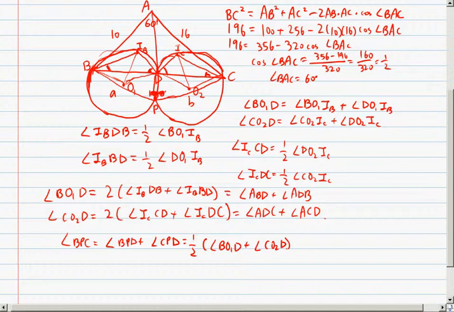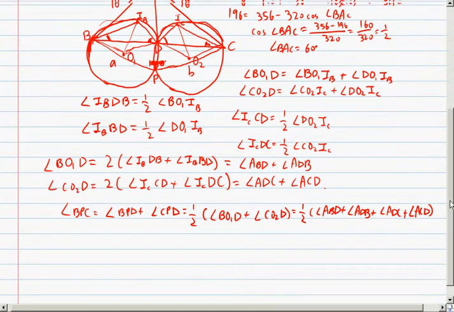And then we can substitute the values of angles BO1D and CO2D from these equations here, and then we get 1/2 times the quantity angle ABD plus ADB plus ADC plus ACD.